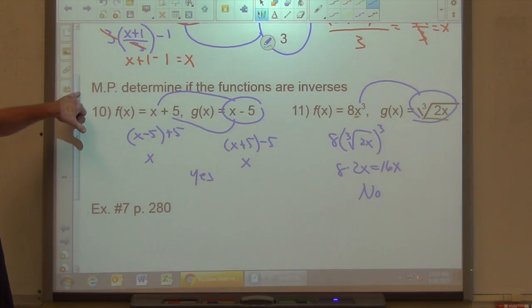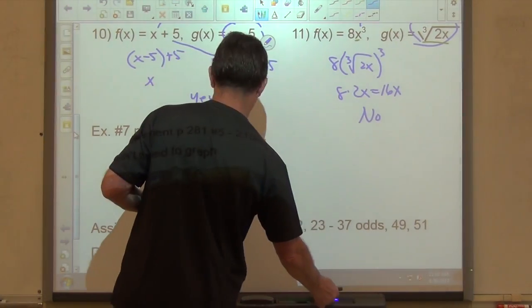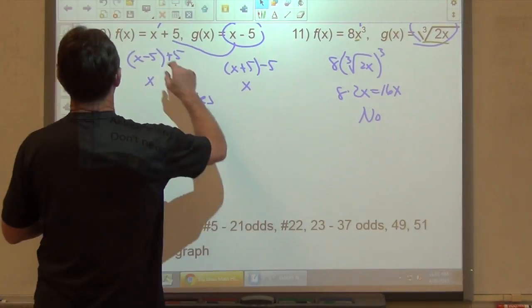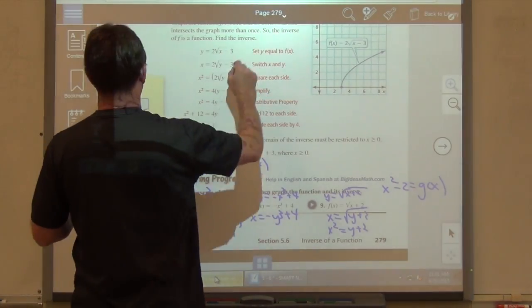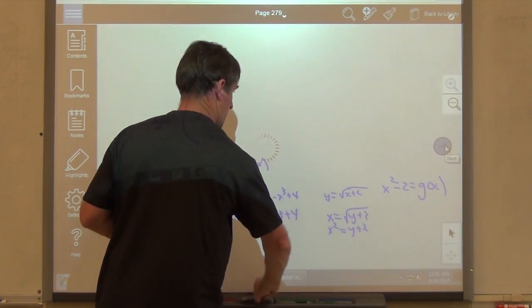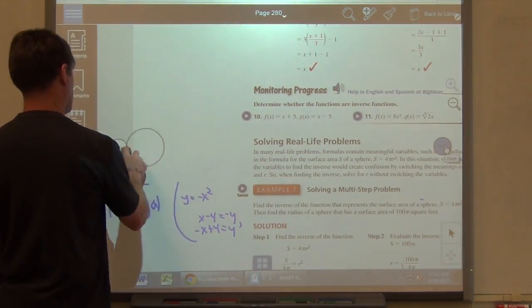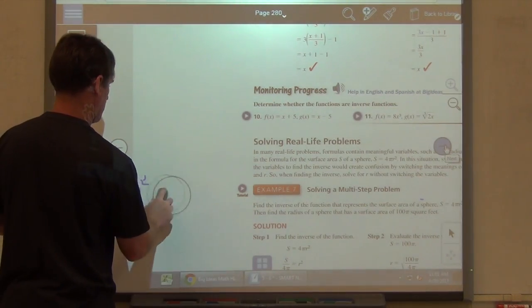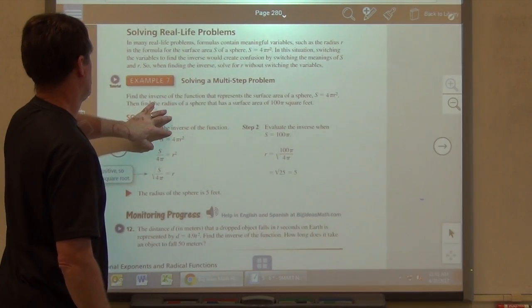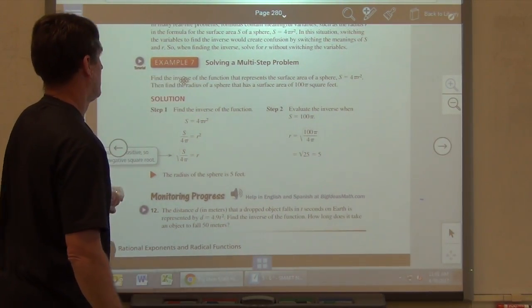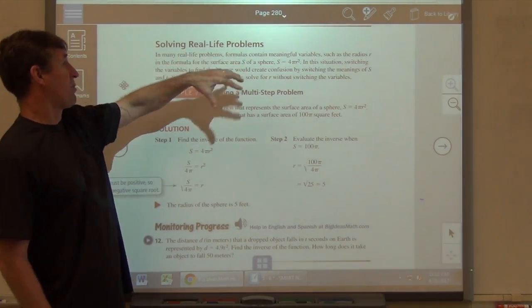So, let's look at example number 7 on page 280. Because this is where we get into solving real life problems, so story problems.